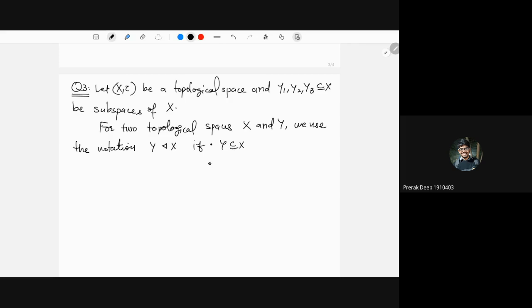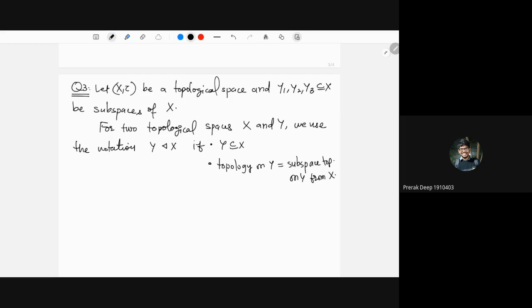That's the first condition. Second condition is that the topology on Y is the same as the subspace topology on Y from X.